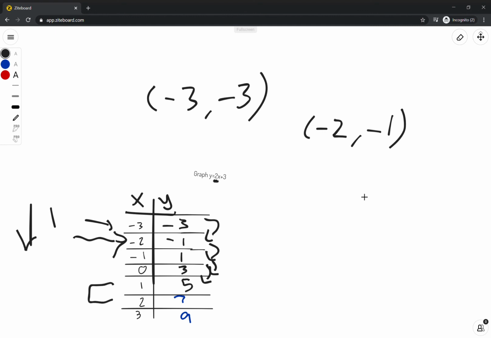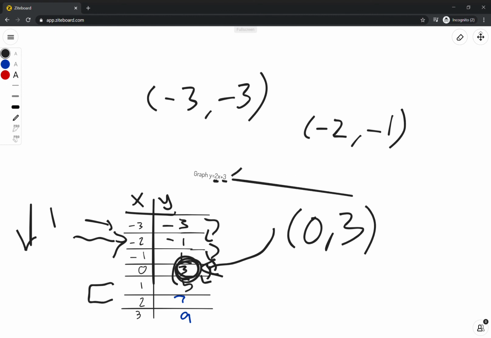Don't worry if you're confused, because this will definitely be explained in the next video. Also, this +3, if you're curious, where does this come from? This is actually a value known as the y-intercept. It tells you that where x equals 0, y equals 3, that I'm circling right now. Y equals 3. And that's the same thing as this 3 that we got here.